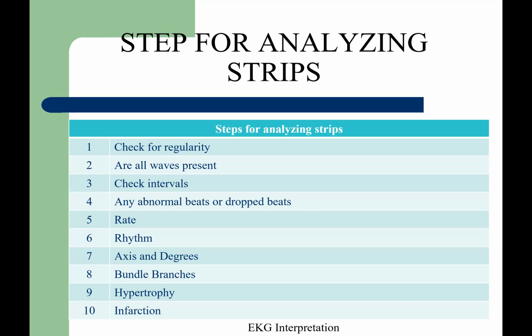So here's your playbook. Here are the steps that you're going to need to start to memorize and understand to start calculating and analyzing these EKG strips. First thing is checking for regularity. Checking for regularity is important because that's how we're going to be able to identify the rate, but it's also important in identifying other rhythms.